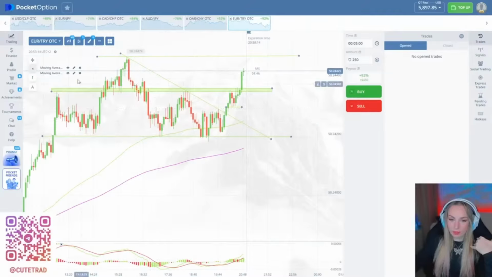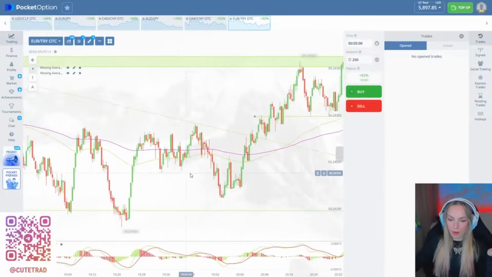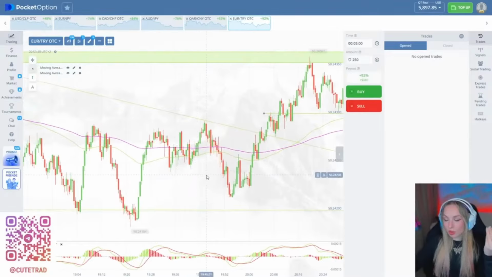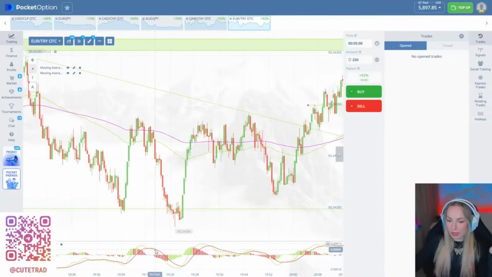Like, look, I'm operating on 30 seconds, so you check where was the previous good signal. Like, was it there? How much time did the price need to go down? Here was a nice signal at 7:15, and it reached the bottom, the support level at 7:23.